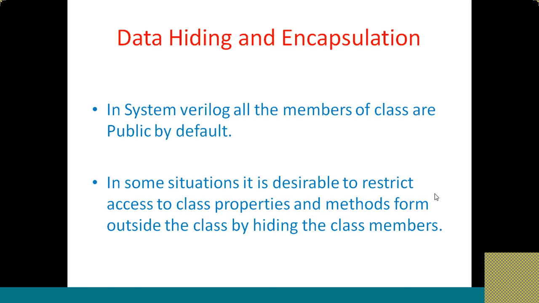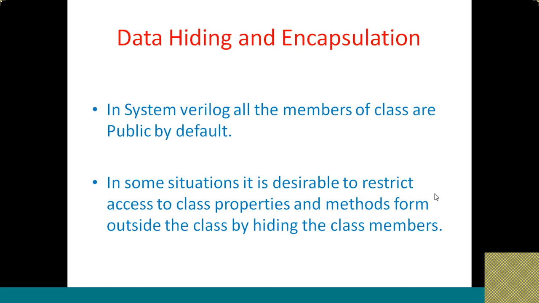So we can access these members outside the class, and we can also use them in the derived class. But this is not always desirable. What if we want that some members of the class will not be accessed outside of the class?